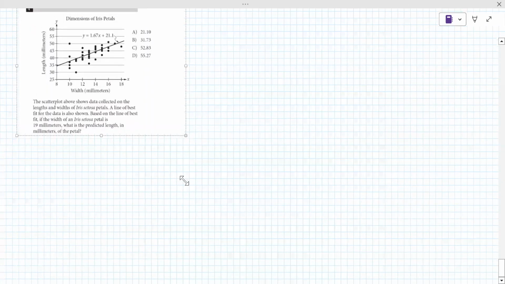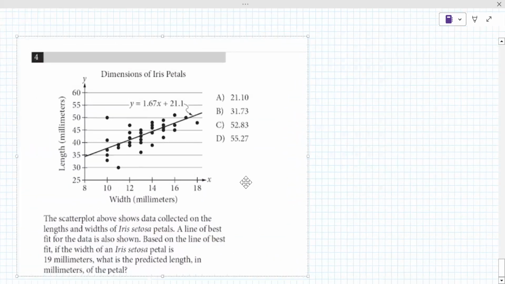You may need a calculator for this one. You can also sort of estimate it without.